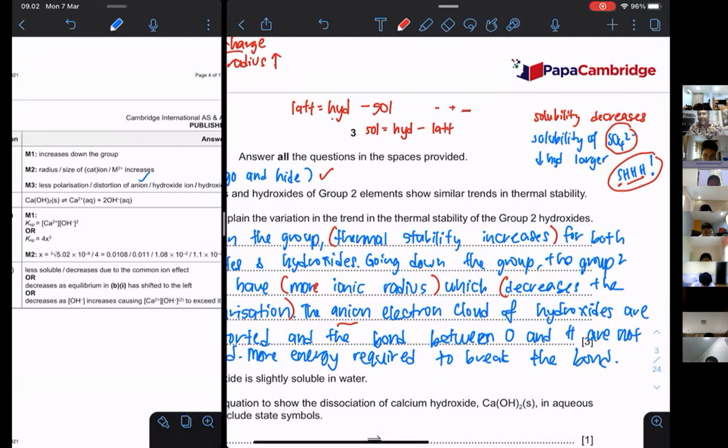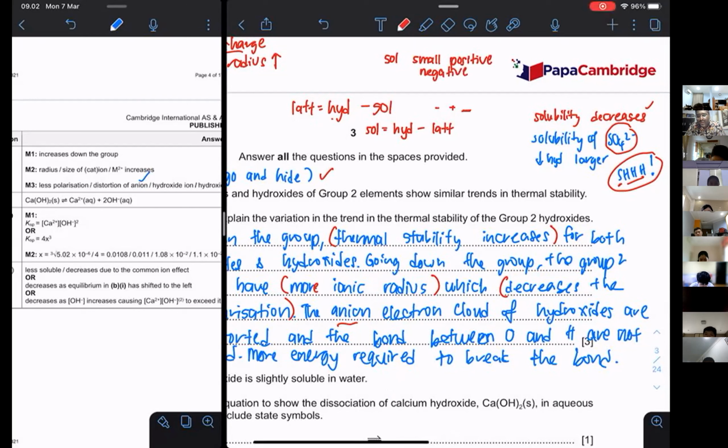What will happen if your hydration decreases? For the enthalpy of solution, you just need to remember: if the enthalpy of solution is a small positive, or if it is a negative value, then they are soluble.